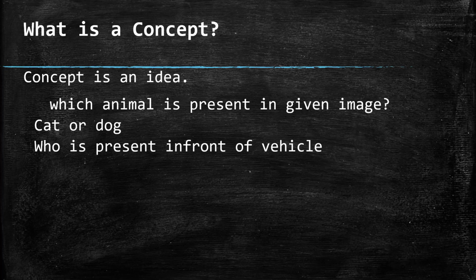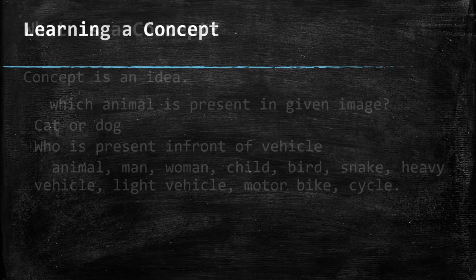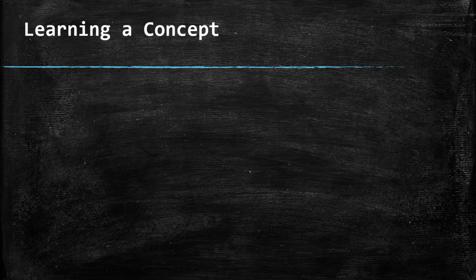Suppose it is a self-driving vehicle, who is present in front of the vehicle? Is it an animal? Is it a man? Or is it a woman? Is it a child? Is it a bird? Is it a snake? Or what is that object? That question itself is the concept. So, how can a machine learn a concept?